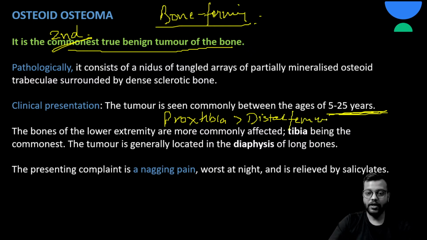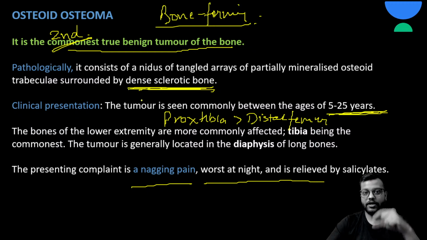Okay, there will be presenting complaint will be pain which will be worse at the night and relieved by the NSAIDs or the salicylate, and bone forming है तो there will be a dense sclerotic bone type का area होगा एक nidus के around.